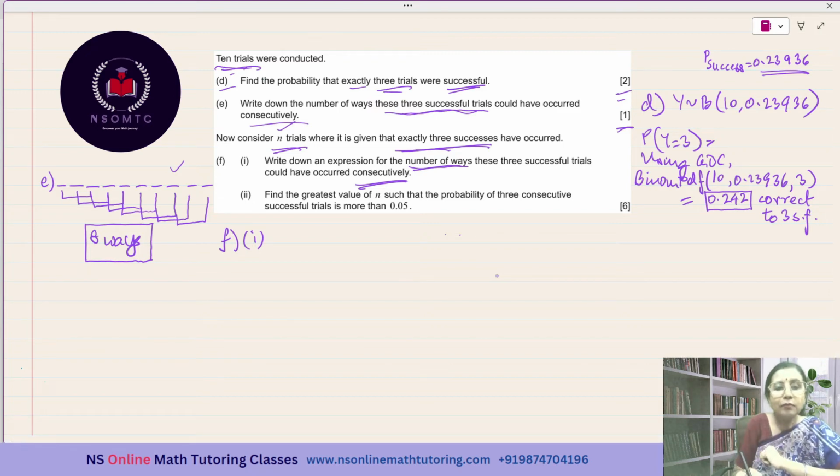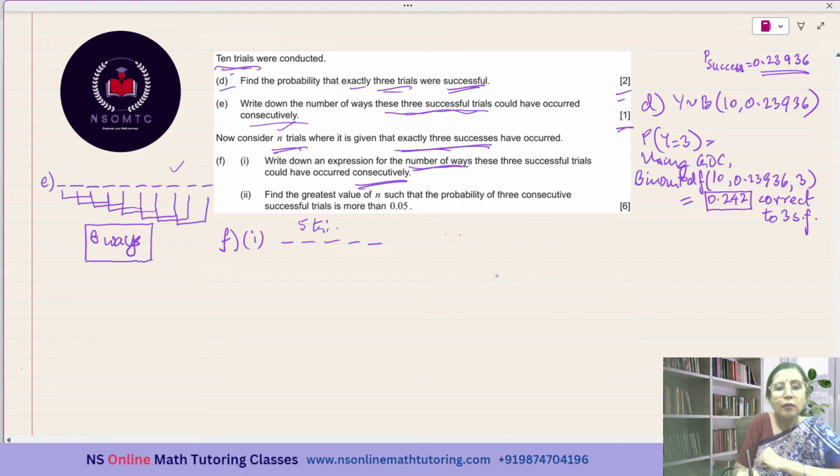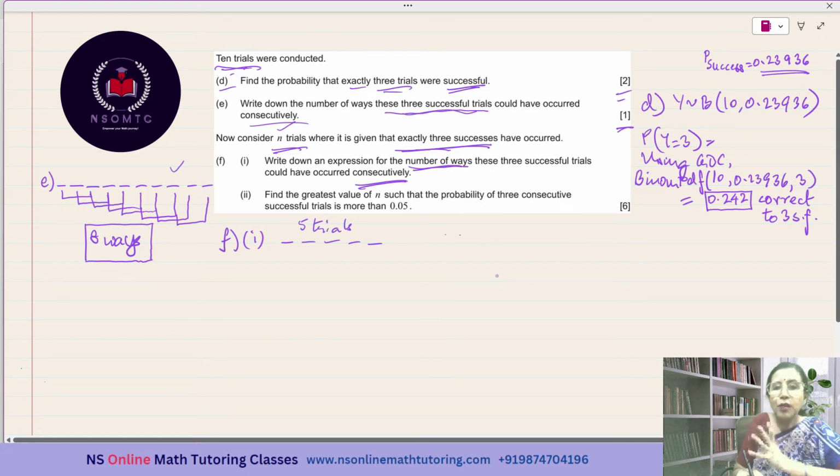I'm taking the number of trials as 5. Okay. So 1, 2, 3, 4, 5, and this is 5 trials. So 3 consecutive successes and only 3 successes. So it can be 1, it can be 2, and it can be 3. Okay. So 3 ways.